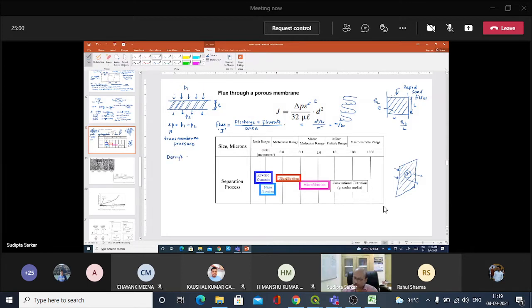What does Darcy's law say? That velocity through a porous media is proportional to the hydraulic gradient, or in other words, we can write coefficient of permeability into i, where i is the hydraulic gradient.